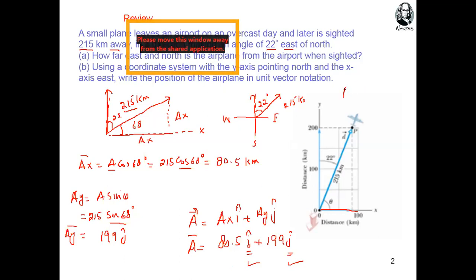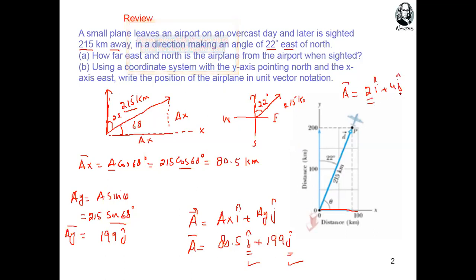For example, if we write a vector is equal to 2i plus 4j, correct? So we don't have x and y here actually. So i is for the x component and j is for the y component. Correct? Okay, sir. If we don't have x, y, then we use i and j.